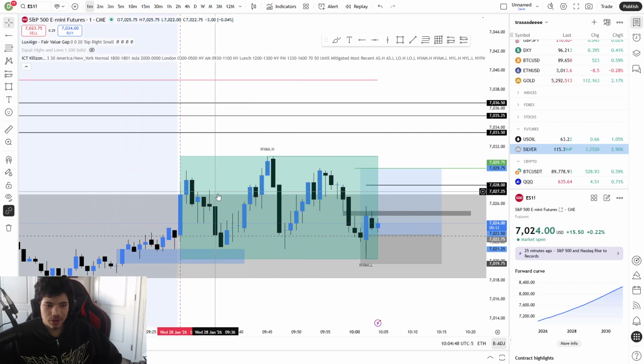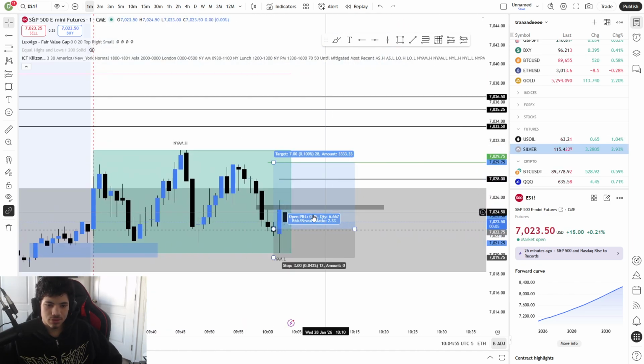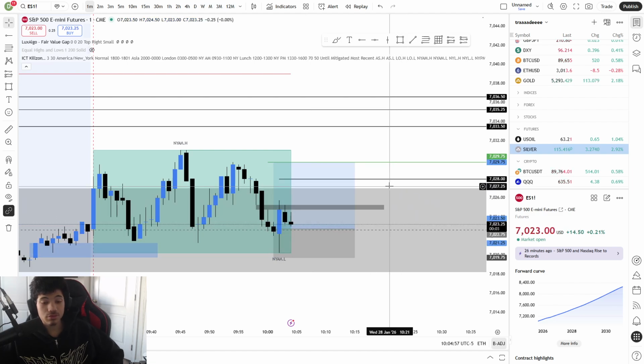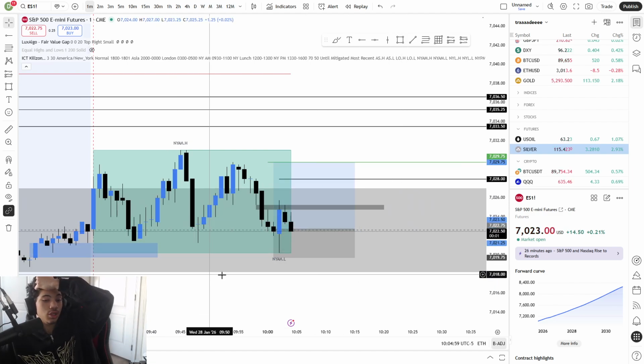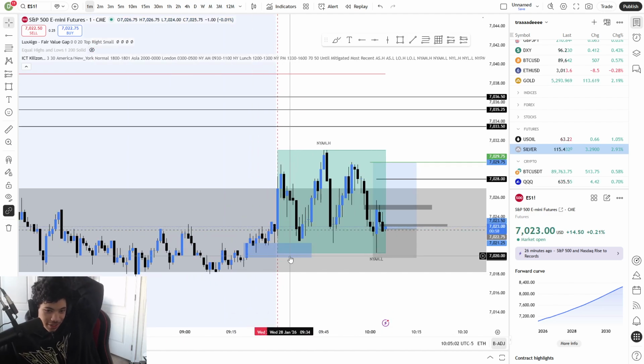I'm just going off of, like, literally nothing, basically. This tiny little high point. Yo. I don't know how many times I can rely on this gap, bro.